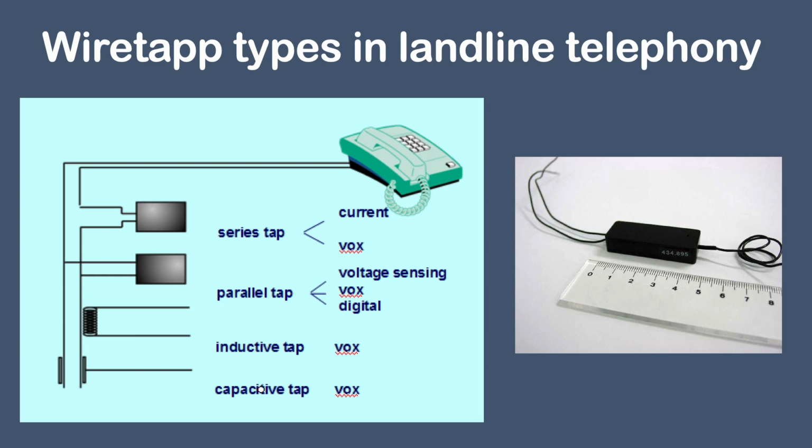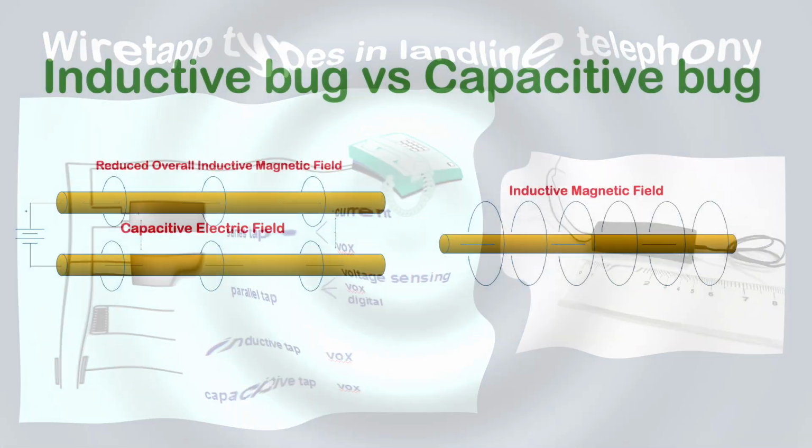In the following image, we can see the difference between the use of magnetic field by the inductive tap and the use of electric field by the capacitive tap.